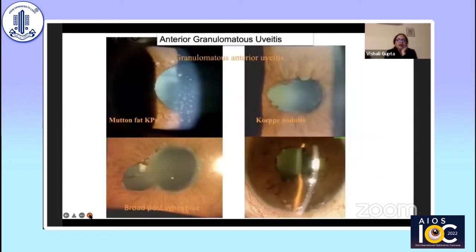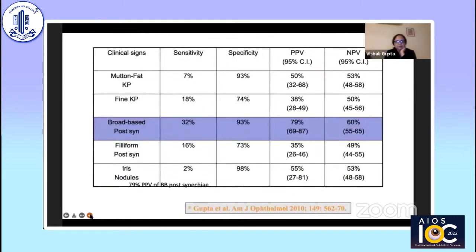However, if you have a situation like this, like acute granulomatous uveitis, mutton fat KPs, nodules, synechiae, and granuloma sitting on this, this is the kind of scenario where you would think of TB, you will test for TB, and if the tests come positive, you would tend to treat this patient.